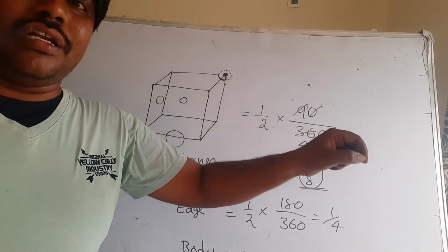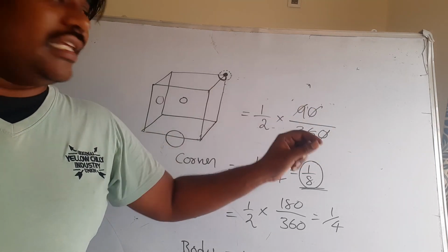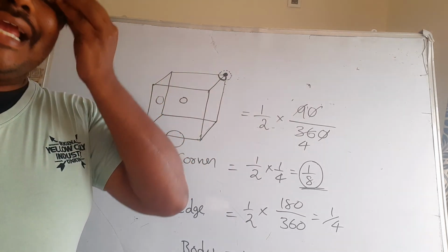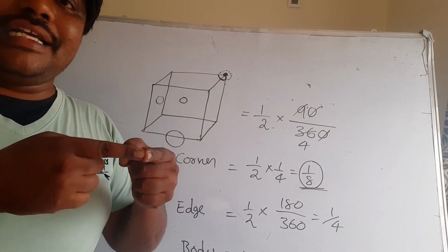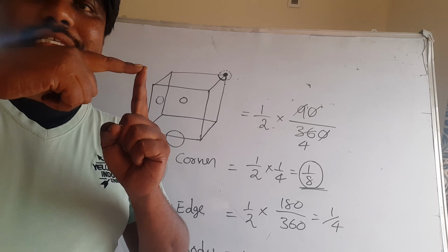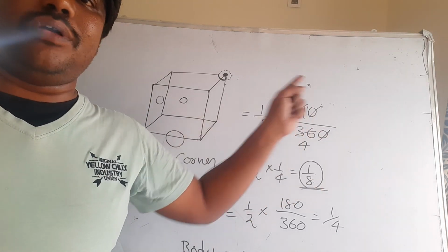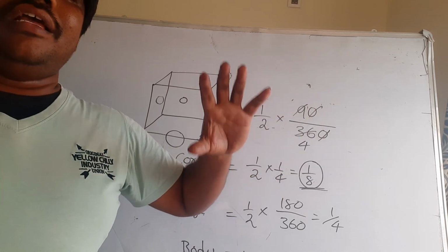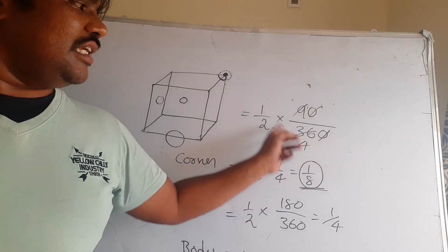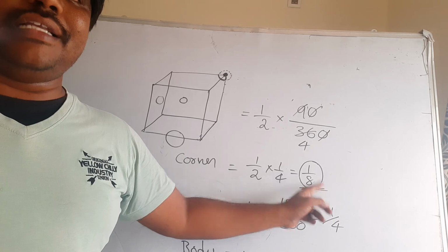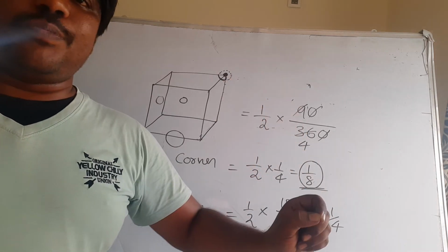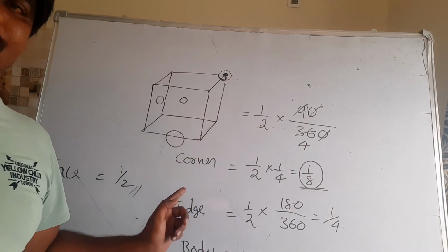When it is in corners, each edge meeting at the center is separated by 90 degrees. So each angle maintained is 90 degrees divided by the total angle around a corner, otherwise around a lattice center, which is 360. By calculating, we will get 1 by 8. This is the contribution of a lattice point which is at a corner towards the unit cell.